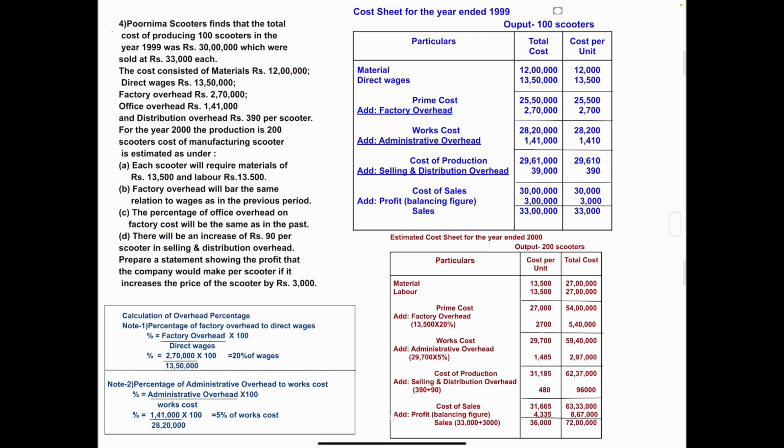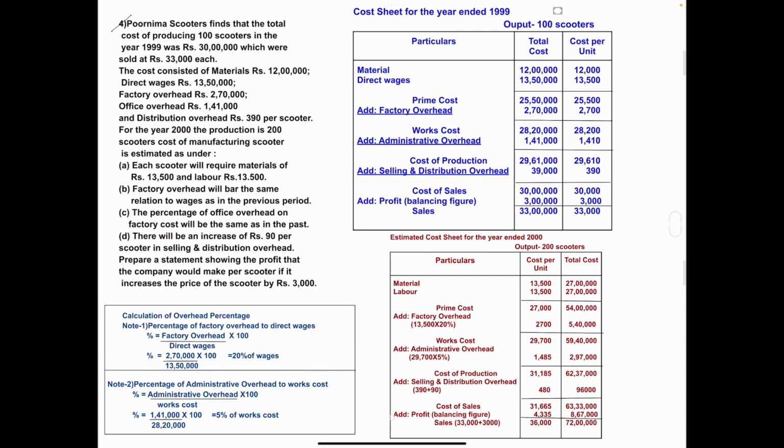Problem number 4. Purnima Scooters find that the total cost of producing 100 scooters in the year 1999 was rupees 30 lakh, which were sold at rupees 33,000 each. The cost consisted of materials rupees 12 lakh, direct wages 13 lakh 50,000, factory overhead 2 lakh 70,000, office overhead 1 lakh 41,000, and distribution overhead rupees 390 per scooter.